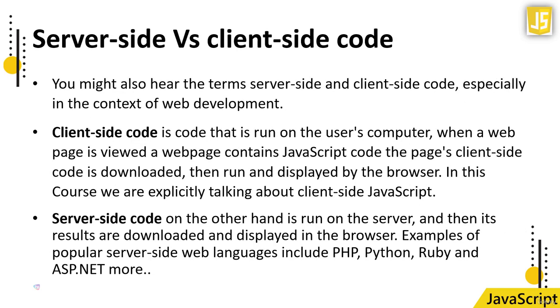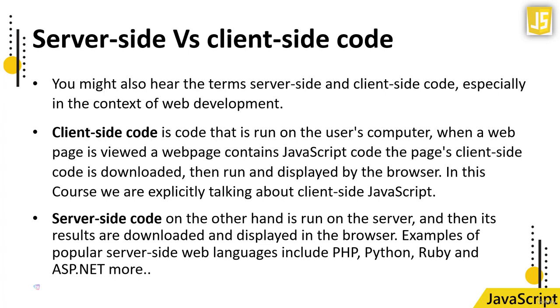Now let's see the major differences between server side and client side. You might hear the terms server side programming and client side programming, especially when you are dealing with web applications or web development. Client side code runs on the user's computer itself.